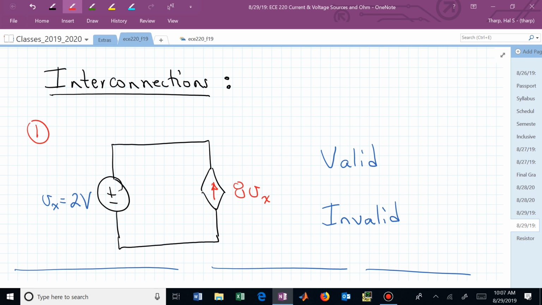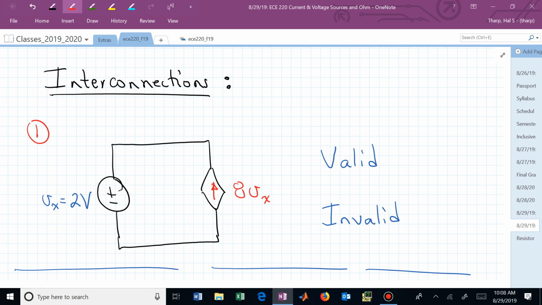I'm assuming now the independent voltage supply has a value of 2V, and that's what is V sub x in this circuit. I said before that V sub x or I sub x was some variable somewhere else in your circuit. Well, there's the somewhere else. Now you have V sub x is 2. Is this valid or invalid?